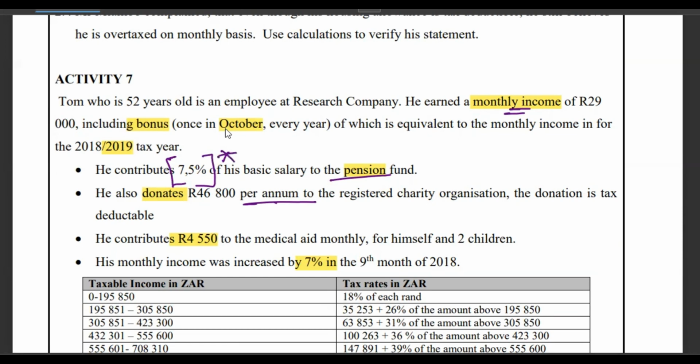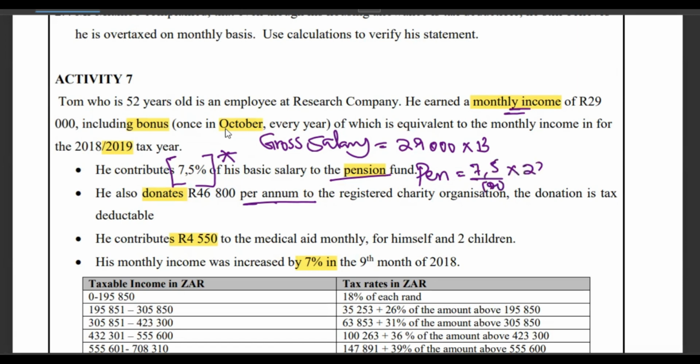The gross salary will be 29,000 times 13. You understand?